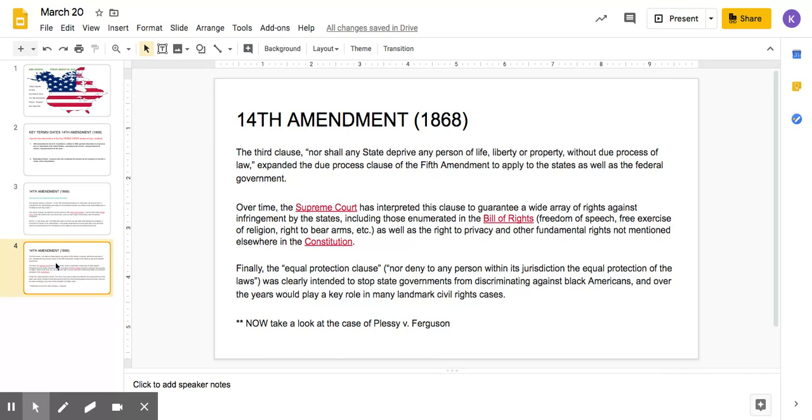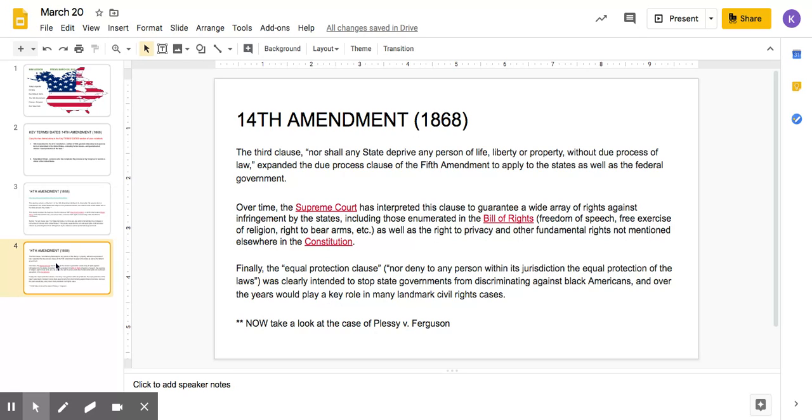Over time, the Supreme Court has interpreted this clause to guarantee a wide array of rights against infringement by the states, including those in the Bill of Rights, which include freedom of speech, free exercise of religion, the right to bear arms, etc., as well as the right to privacy and other fundamental rights that are not mentioned elsewhere in the Constitution.